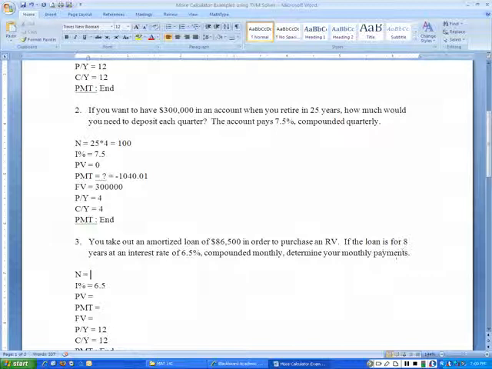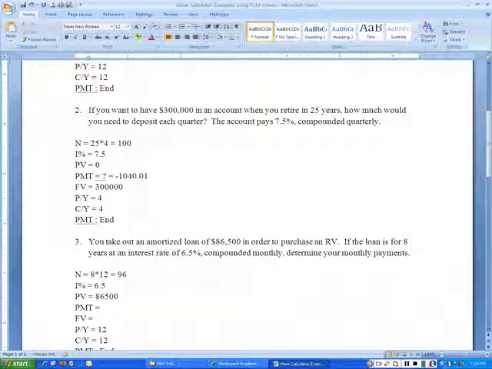I'm looking at 8 years, and it's monthly, so 8 times 12, and that's going to give me 96. Our present value is going to be $86,500, and that's going to be positive because it's money that we are getting to purchase this thing.